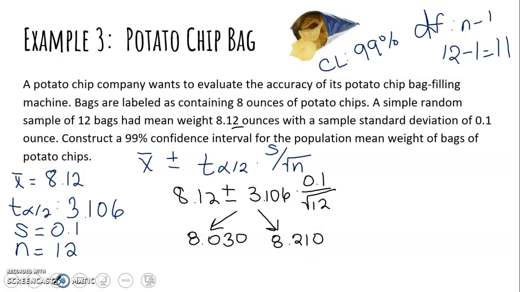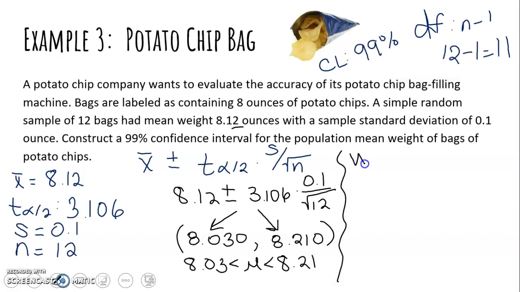So 8.03 to 8.210. So here's our confidence interval right there. Remember, we write these in a sentence format to interpret it.